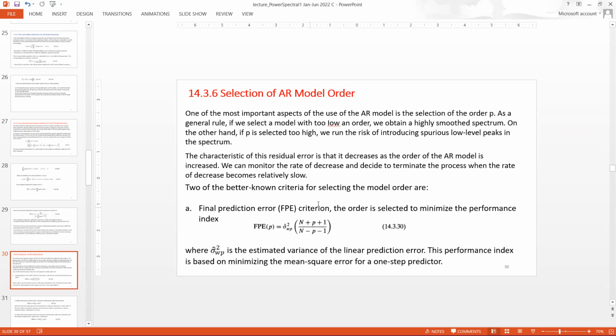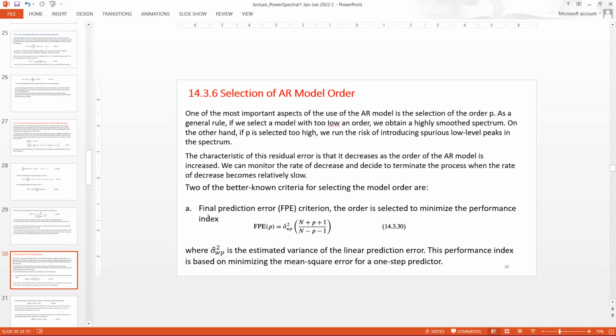So the final prediction error, if error টা কম হয়, that is minimized, সেটা আমরা want. So এই minimum conditionটা আমরা এই condition থেকে পেতে পারি, and this for one step predictor. So the performance index is based on minimizing the mean square error for one step predictor.